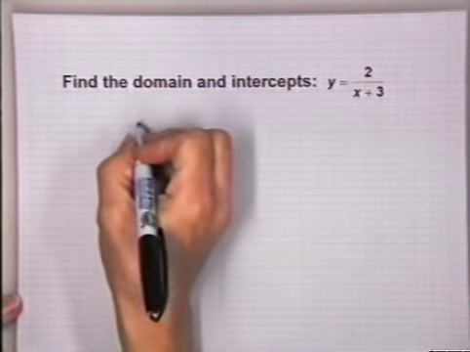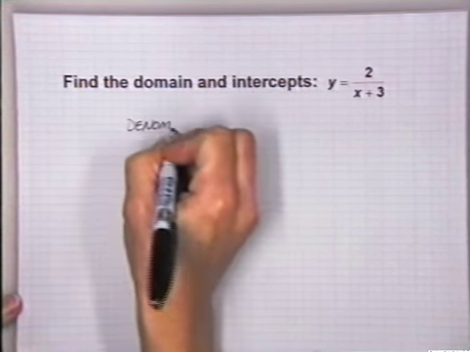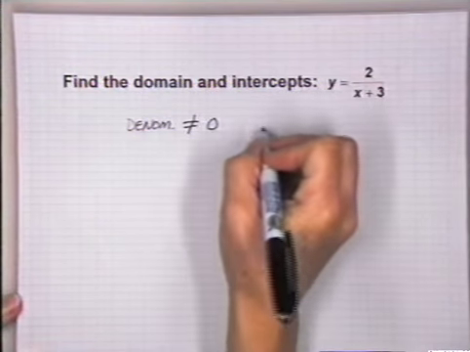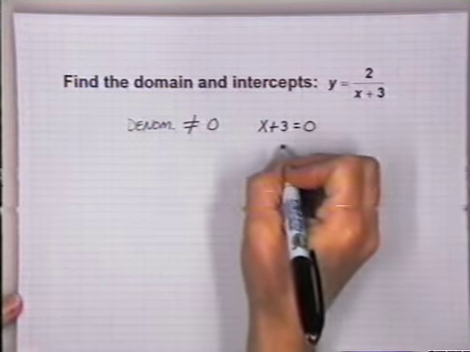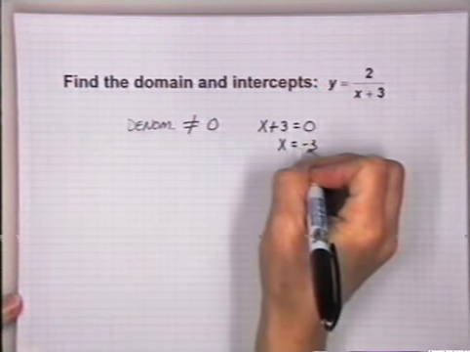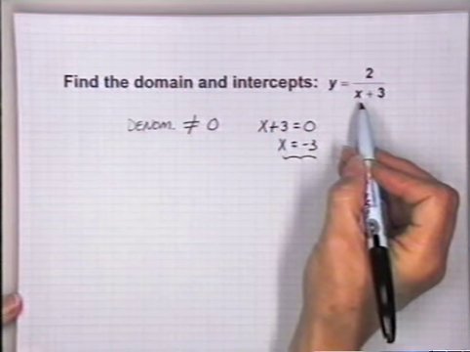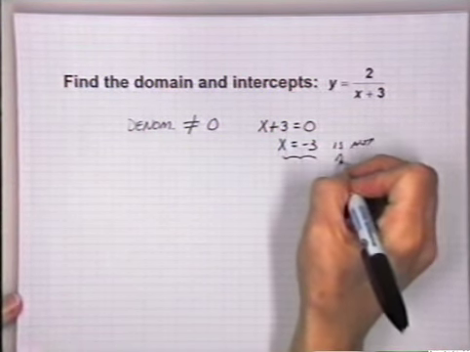So we're saying here that our denominator cannot equal 0. I'm going to abbreviate that. Denominator cannot equal 0. So if we take our denominator and set it equal to 0 and solve for x, this x value makes the denominator become 0. So this x value is not allowed.